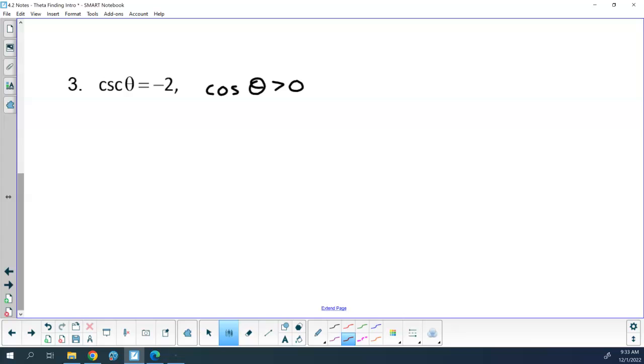Number 3, cosecant. Cosecant is tied with what? Sine or cosine? Sine, okay? So where is sine negative? Because wherever sine is negative, that's where cosecant is negative. Sine is negative in 3 and 4.